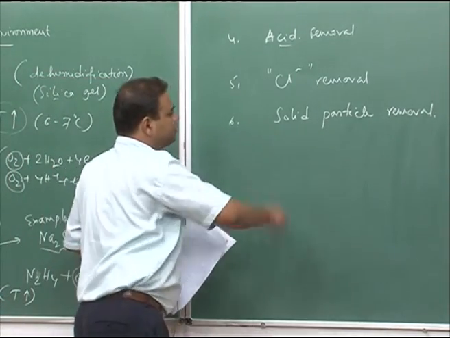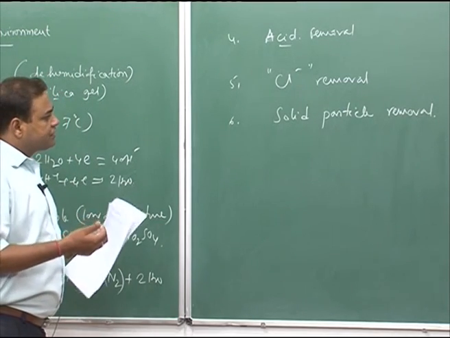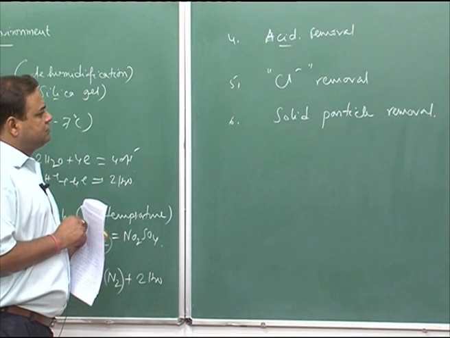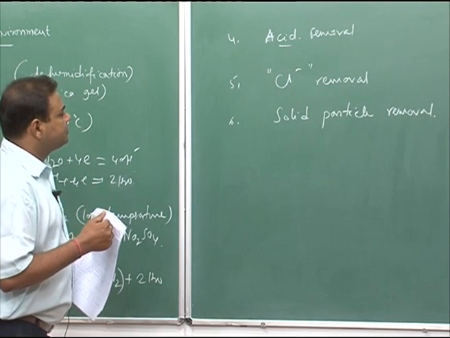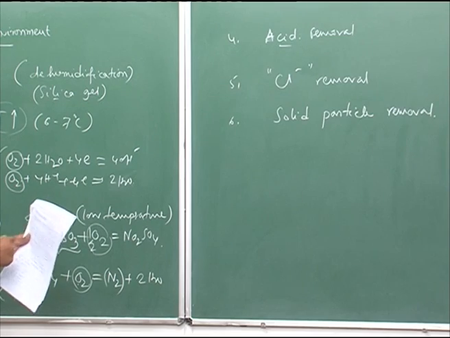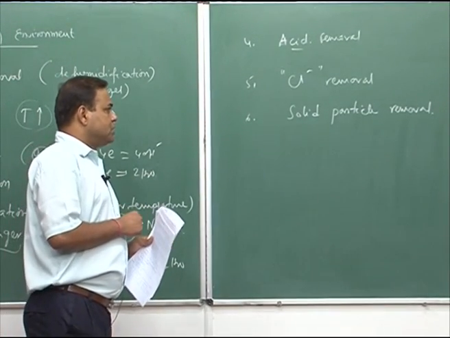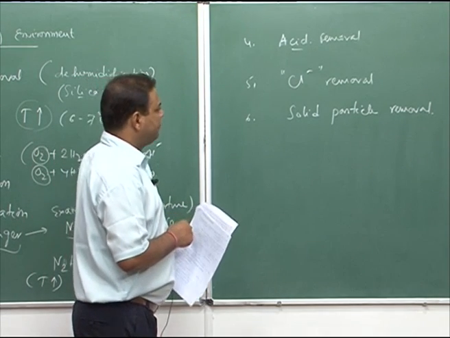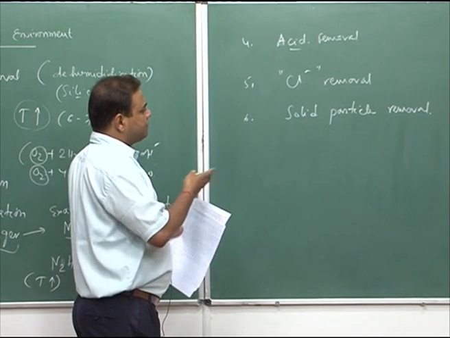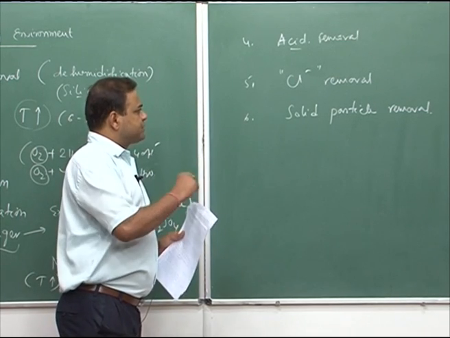If we remove solid particles, we can avoid crevice related attack, since we have seen that solid particles can lead to crevice corrosion at the bottom of a water tank, or they can also lead to erosion corrosion if we have a relative movement of the solution with respect to the metal surface.